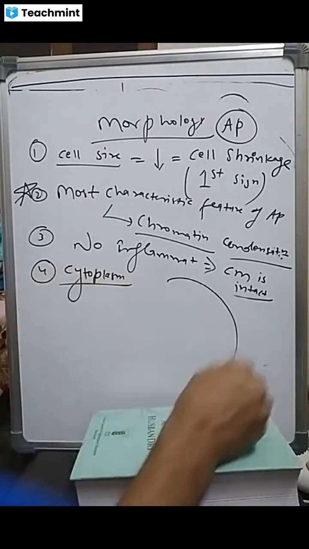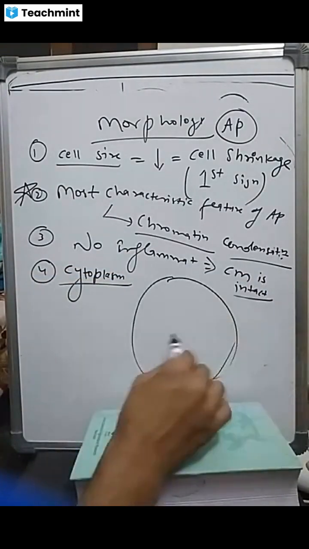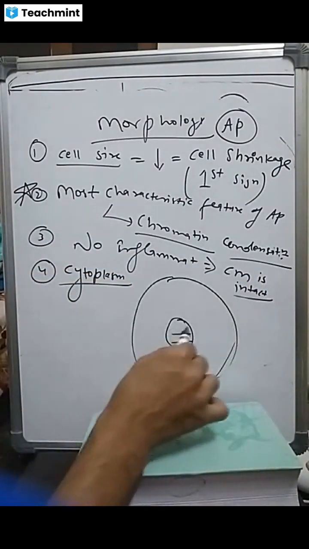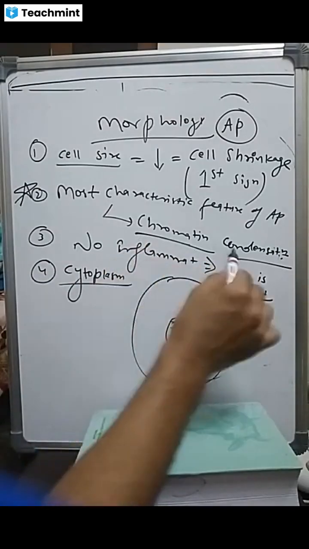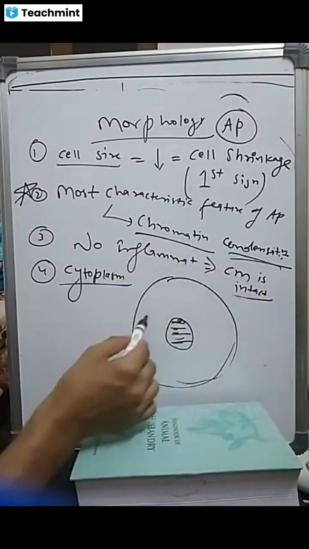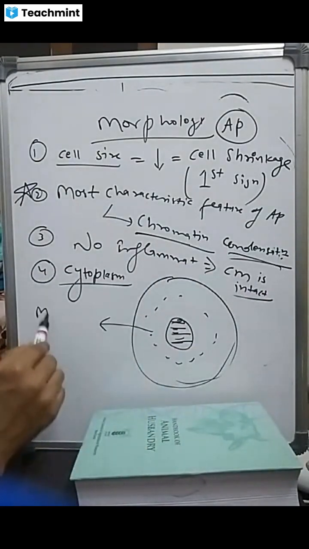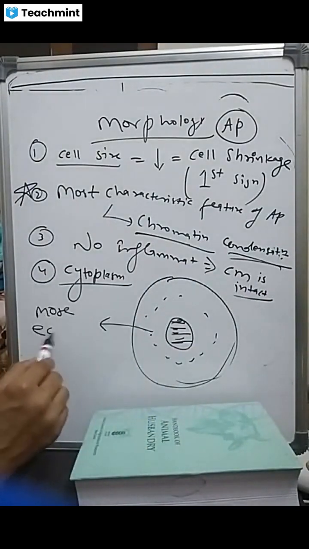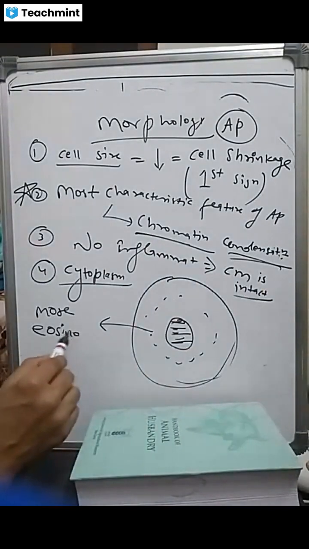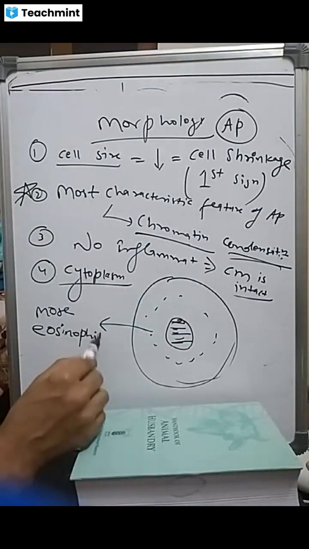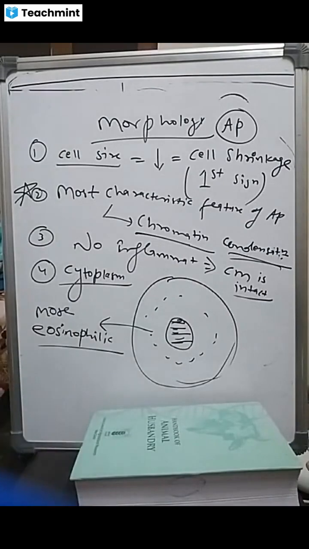If you look at the apoptotic cell, this nucleus shows chromatin condensation, and this is the cytoplasm. This is more red or pink in color, more eosinophilic.